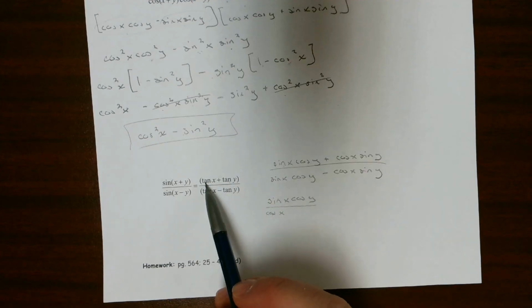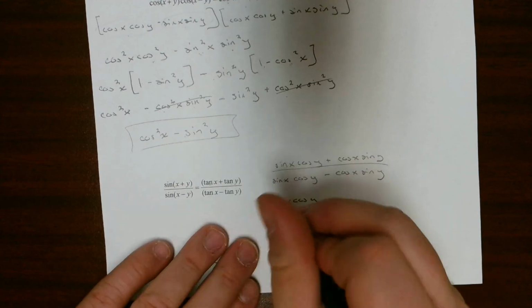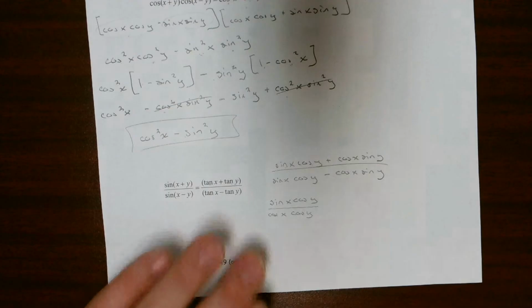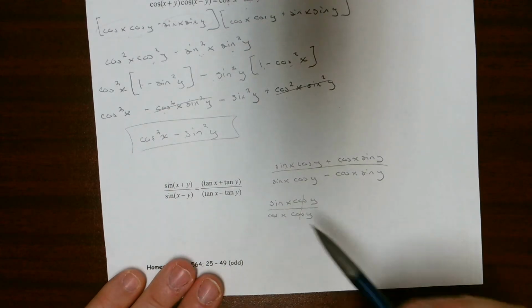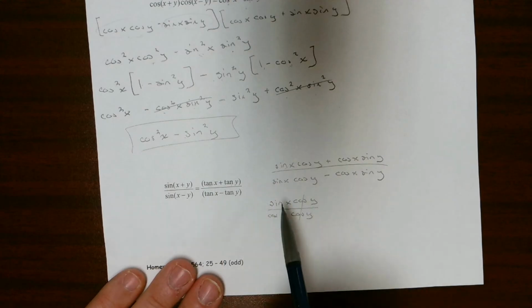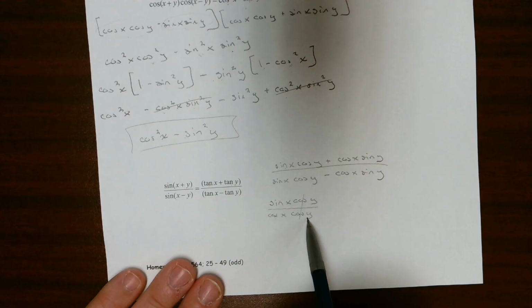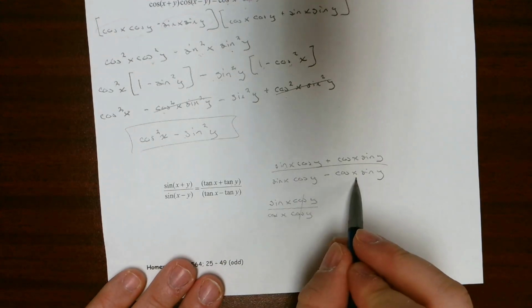That matches exactly what we want. But I need this cosine y to be gone, so if maybe I put cosine y there, then that would cancel and give our tangent of x that we're looking for. But we just divided by cosine x cosine y. So we have to check and see, does that work for every other term?